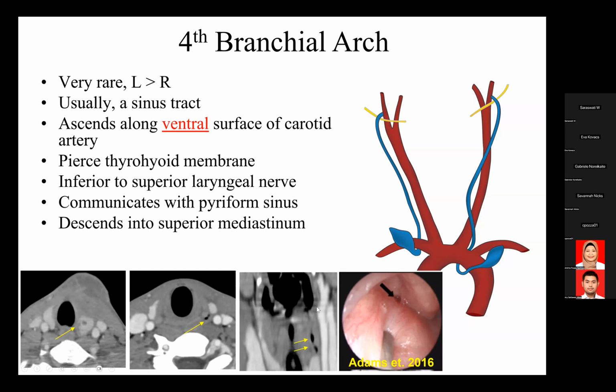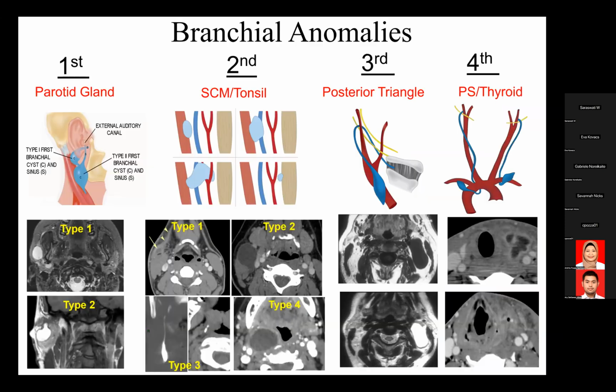Now, sometimes I've heard it called third, sometimes I've just called it branchial anomaly, but if you understand that this communicates with the piriform sinus and eventually extends inferiorly, the thyroid gland is along its course, and you can make the diagnosis of a fourth branchial anomaly. So that's how I separate out the third and the fourth.